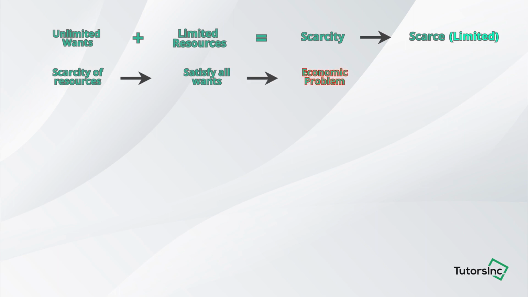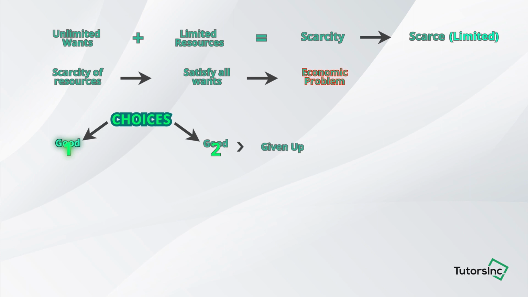Now, because we have limited resources and unlimited wants, we have to make choices every day. If we make choices and go for one good, the other one is given up. This is known as opportunity cost. In simpler words, opportunity cost is the next best alternative given up by choosing another item.